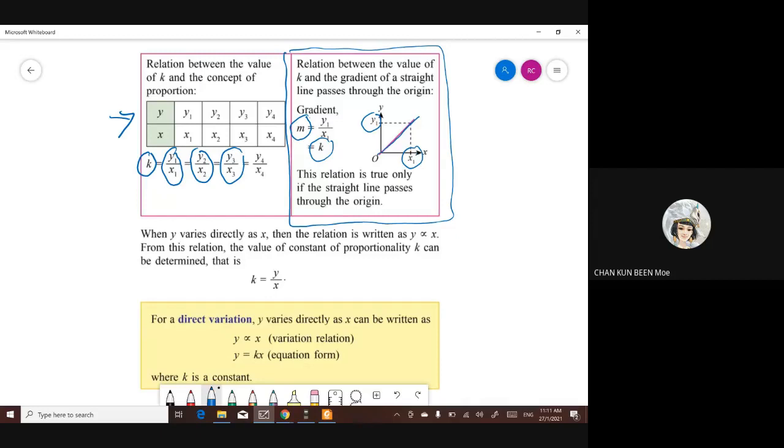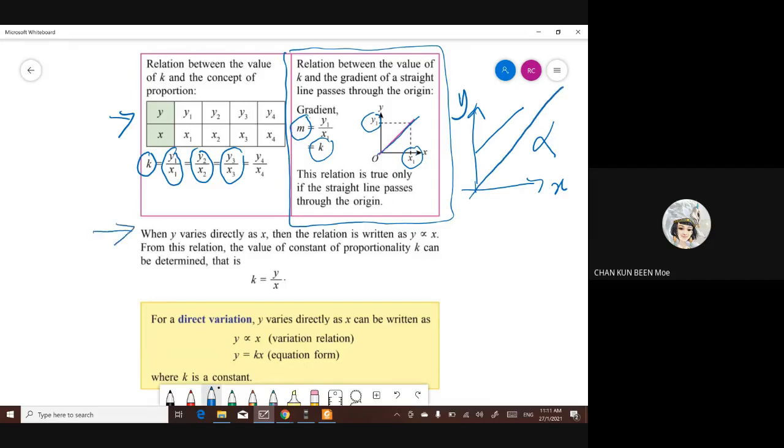This relation is true only if the straight line passes through the origin. If the straight line doesn't pass through the origin like this, then this is not the constant. Okay? And also it means that this is not the graph which is y varies directly to x. You must remember it is from the origin.